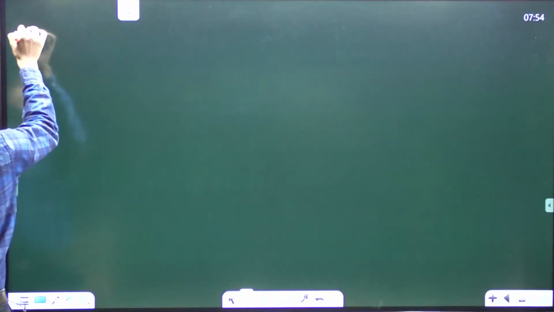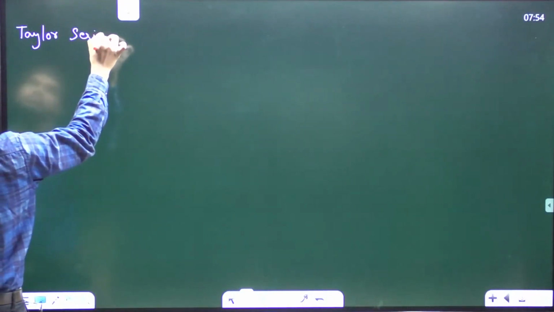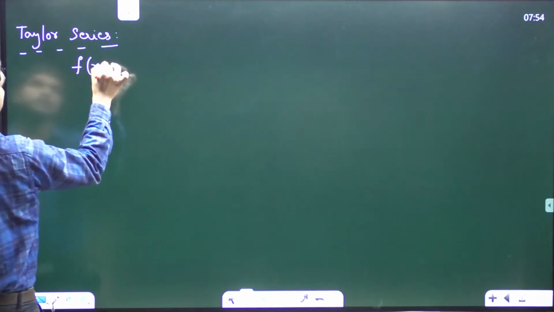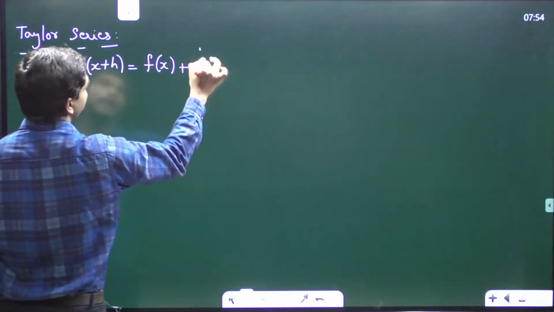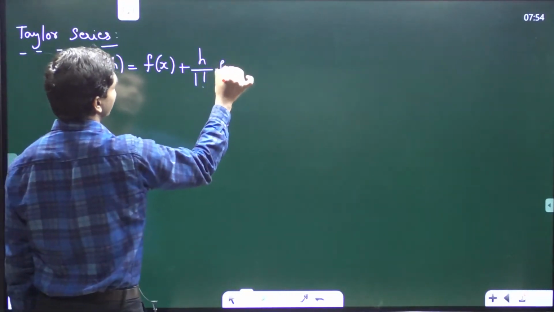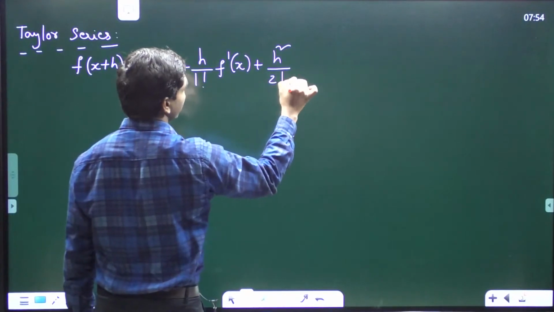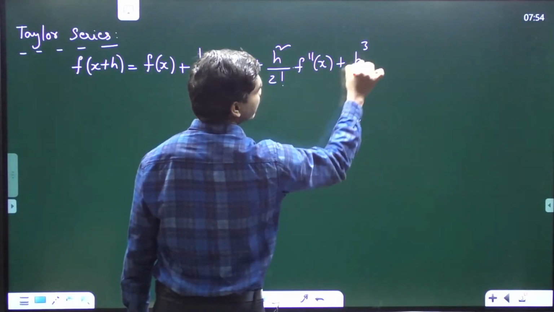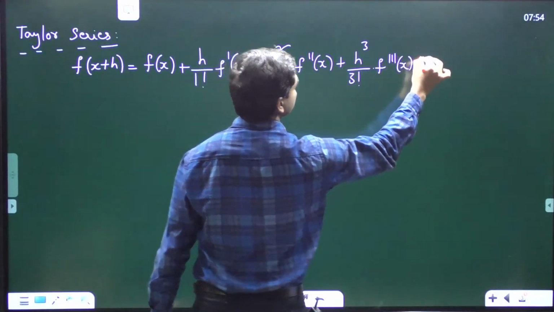So see here. If you consider this Taylor series, we have f of x plus h is equal to f of x plus h by 1 factorial into f dash of x plus h square divided by 2 factorial into f double dash of x plus h cube divided by 3 factorial into f triple dash of x plus and so on.